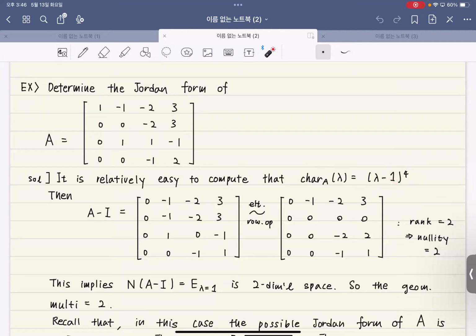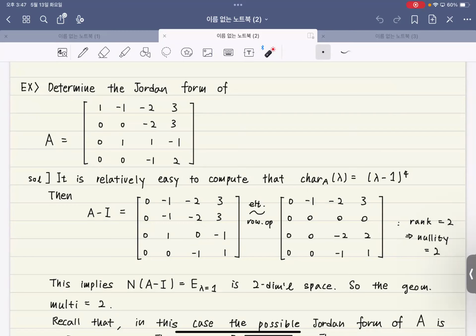To do that, I computed A minus 1 times I, which is this, and using some elementary row operations, I ended up with this ugly looking matrix. How many linearly independent rows can you find here? Only 2. Even though I have 3 non-zero rows, this one is clearly linearly dependent on the third one. So the rank is 2, therefore the nullity is 2. The nullity being 2 means the dimension of the null space is 2.